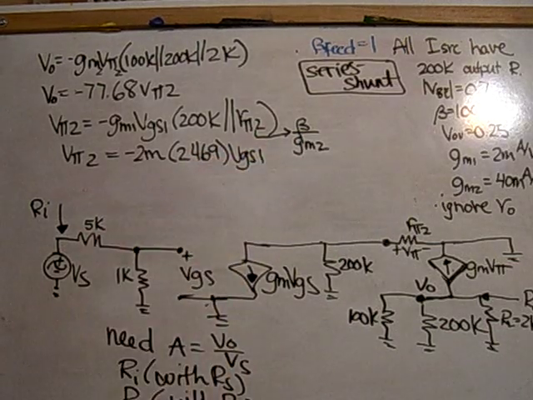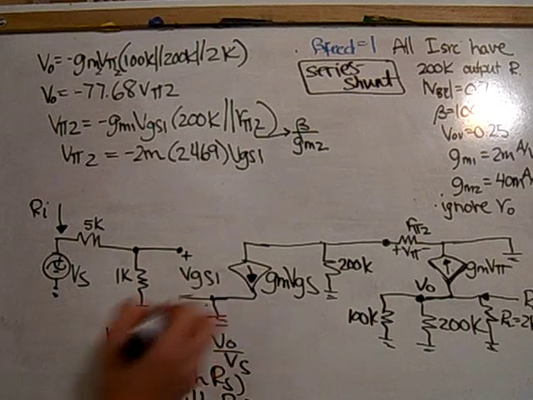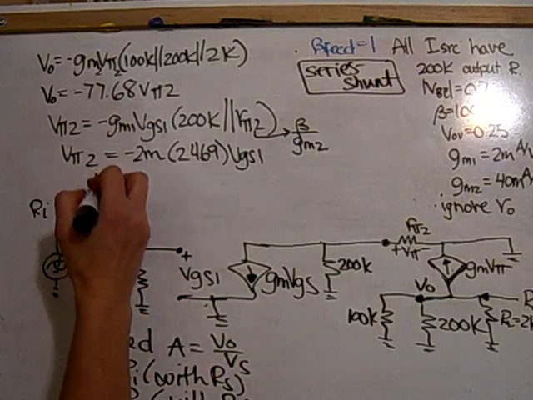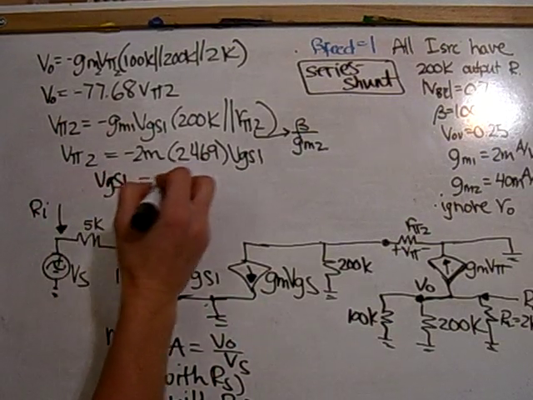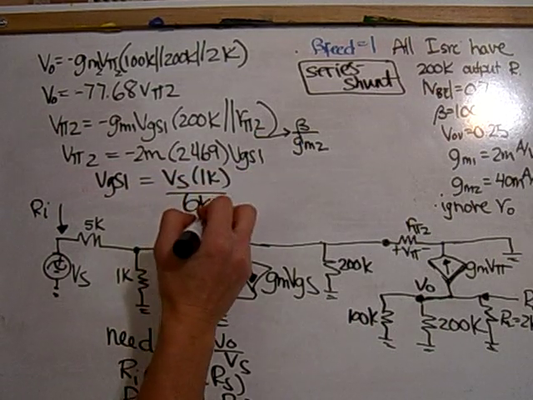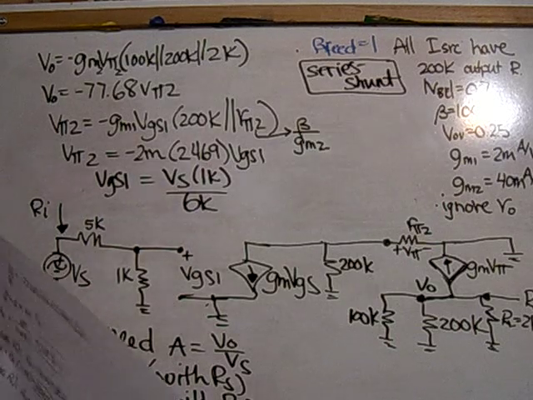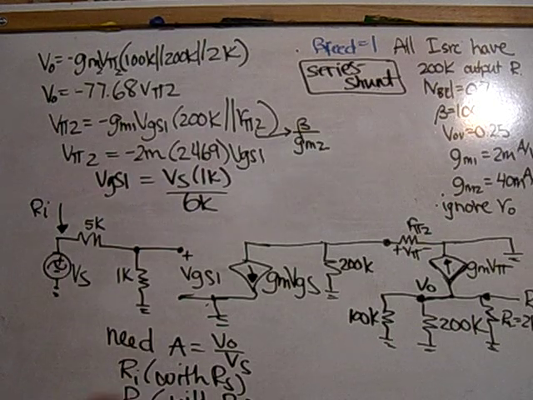VGS1. So now looking at VGS1, which is here, is going to be a voltage divider. So VGS1 is equal to Vs 1K over 6K. And then I can plug those into each other.